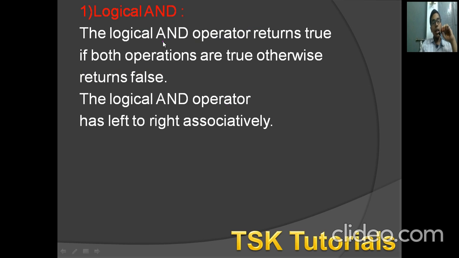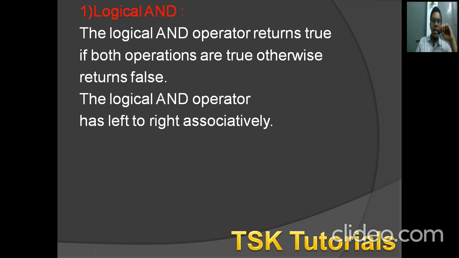Logical AND. The logical AND operator returns true if both operands are true, otherwise returns false. As in physics, it's the same. For example, if both the inputs are ones, it will give 1. If any of the inputs is off, then the output is off.